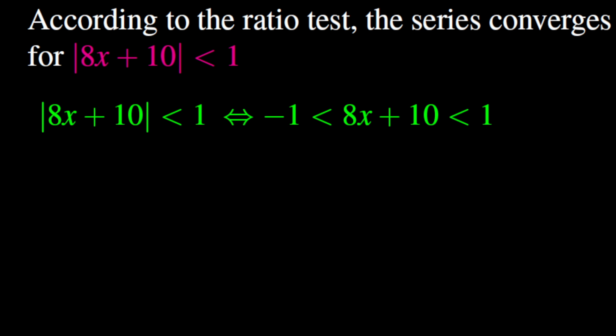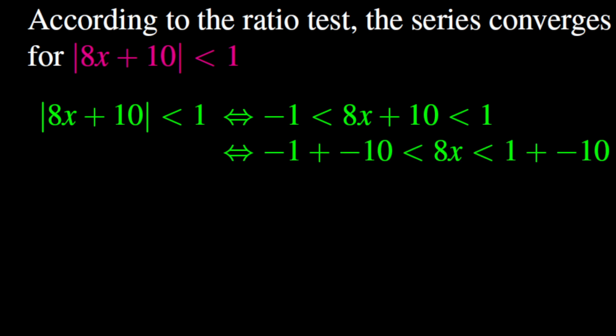According to the ratio test, the series converges if the absolute value of 8x + 10 is strictly less than 1. This is equivalent to the inequality -1 < 8x + 10 < 1. We add -10 to all sides of the inequality, and obtain a new equivalent inequality, -1 + -10 < 8 times x < 1 + -10.